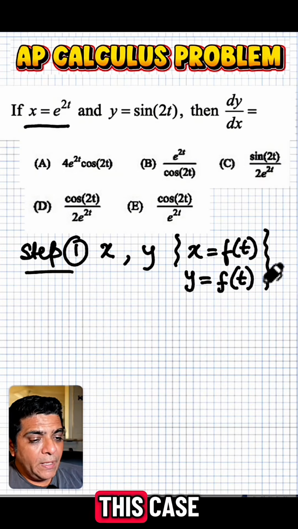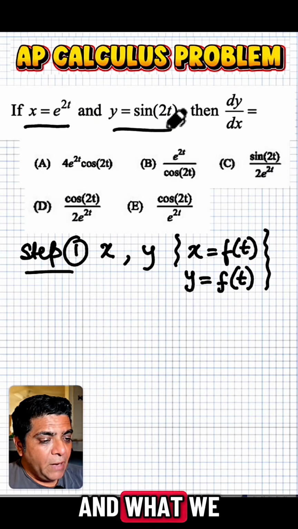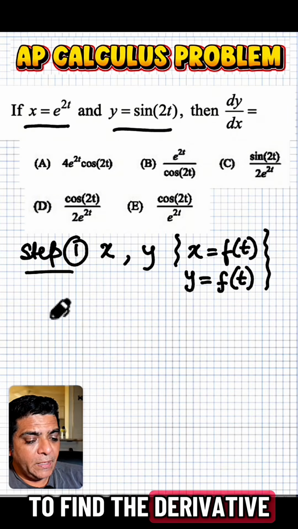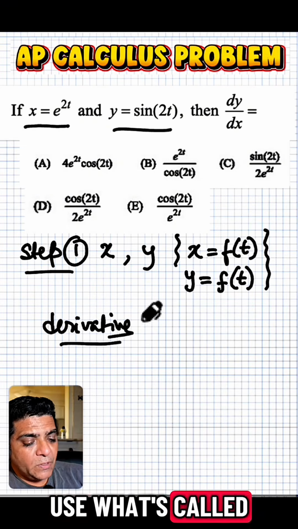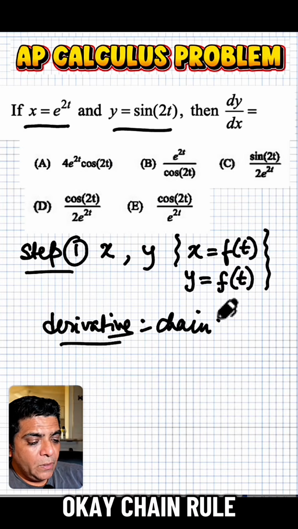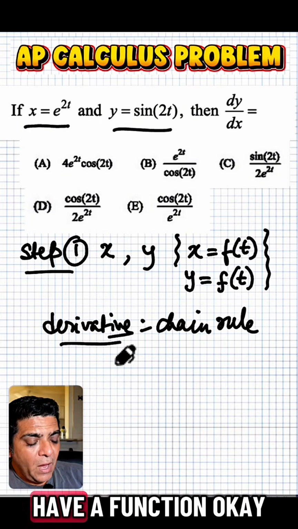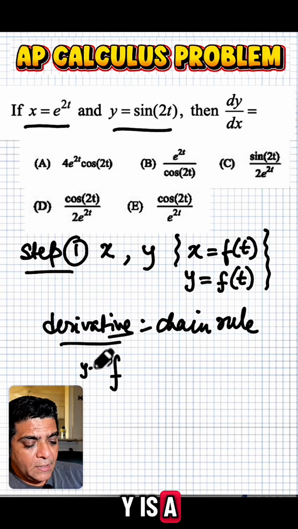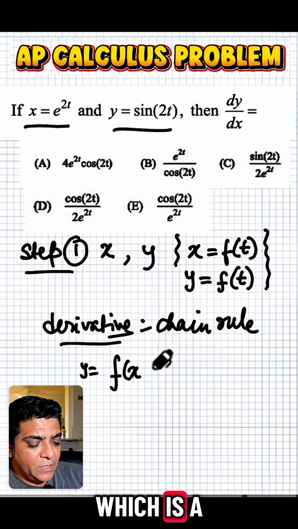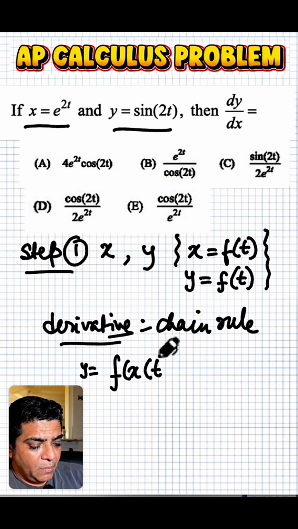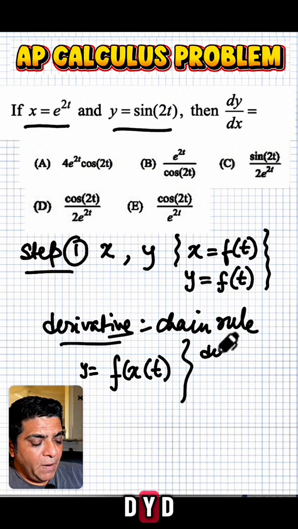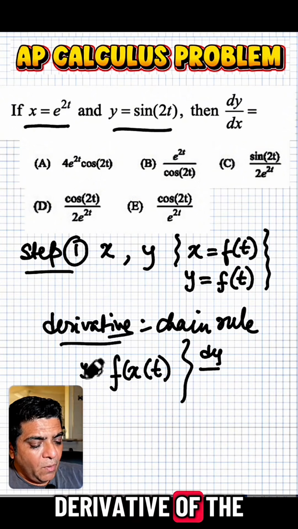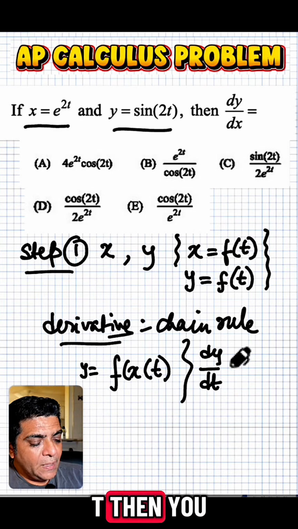Okay, so in this case we are given these two parametric equations, and what we have to find is the derivative. In order to find the derivative, we have to use the chain rule. Why is that? Because y is a function of x, which is a function of this parameter t, so when you take the derivative of y with respect to t, dy/dt, you can use the chain rule.